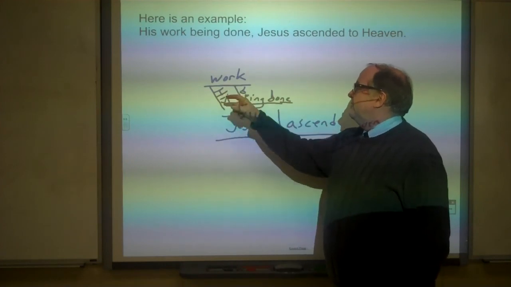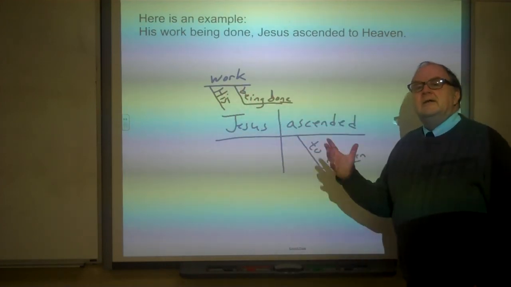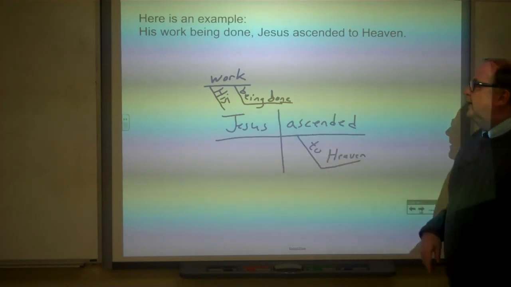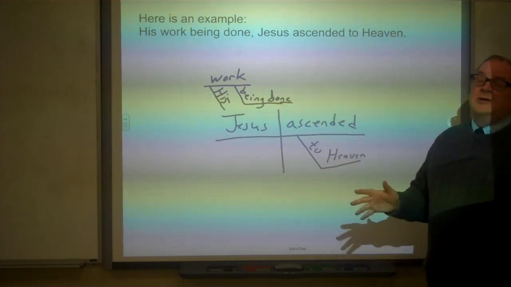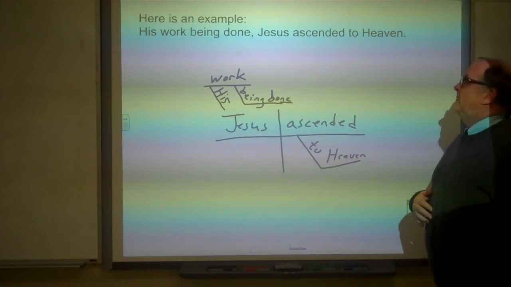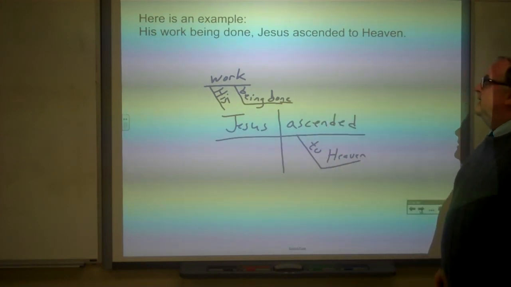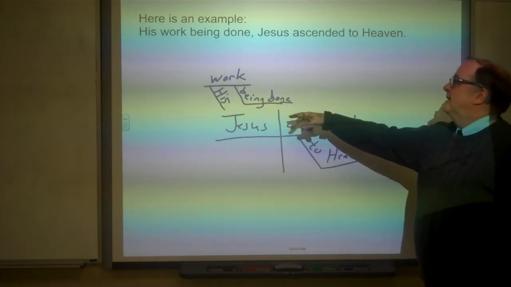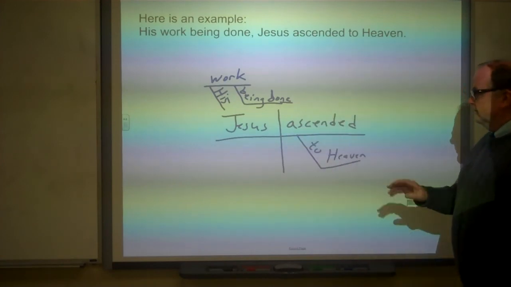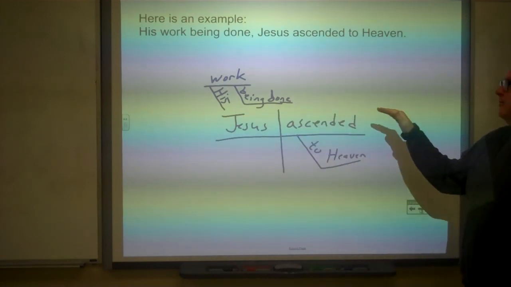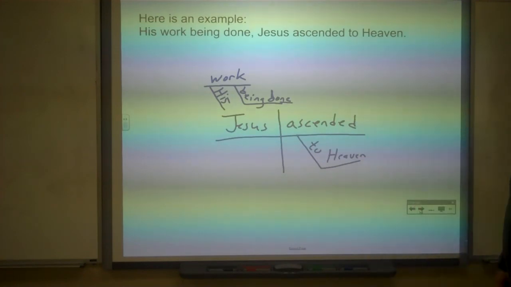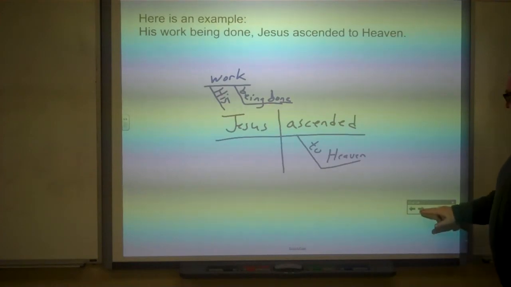Okay, and then his modifies work, and being done is the participial phrase, what some places call the perfect participle, maybe call it passive participle, but anyway, it goes on the diagonal and horizontal, the way participles do. So, that would be an example of a nominative absolute diagram.